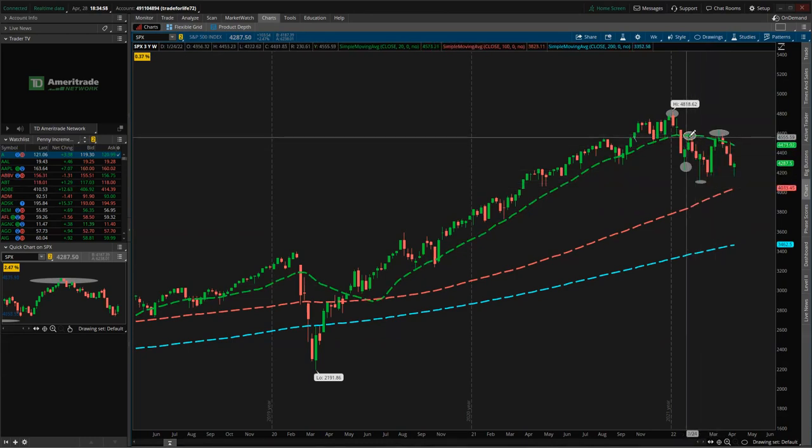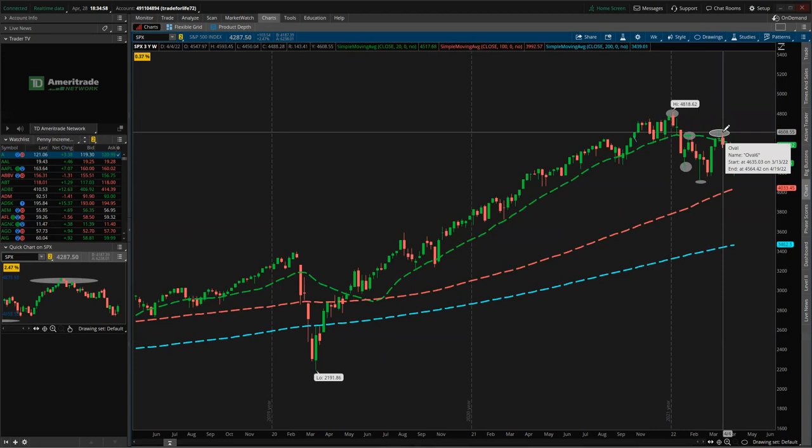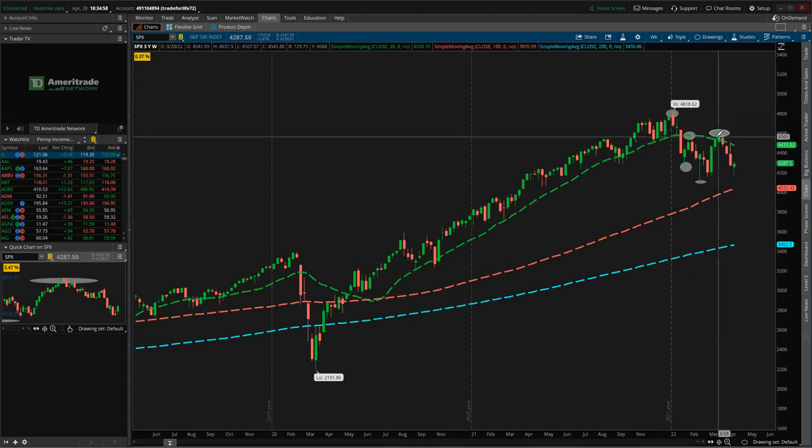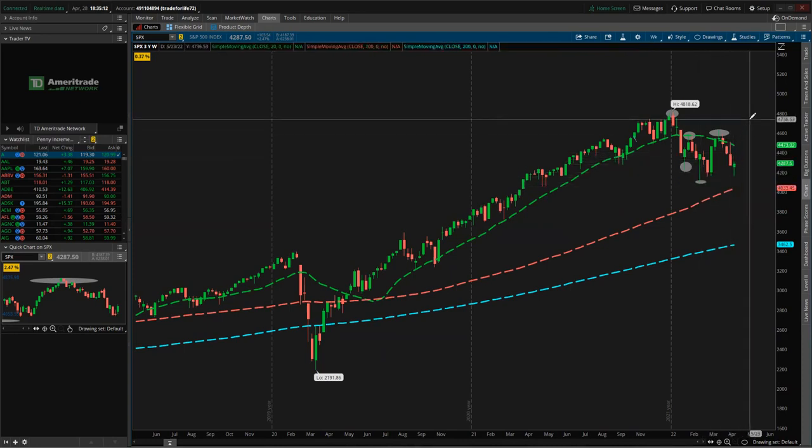Then it forms an equal high here. If it closes above this high, and this other one also closes above this low, then we may expect to see an upward move. But at this point in time, we are on a downtrend on the weekly side.